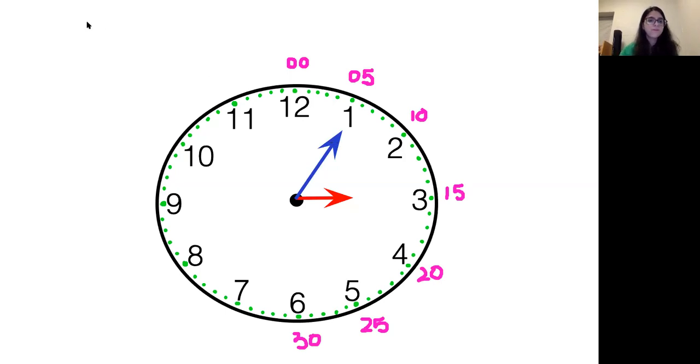So right now, I'll erase this. Let's see what 3:30 looks like. We saw that at 3 o'clock, the shorthand was at 3 and the longhand was at 12.